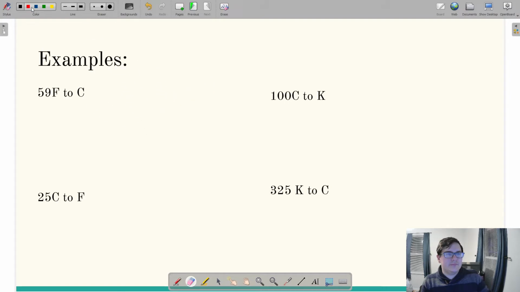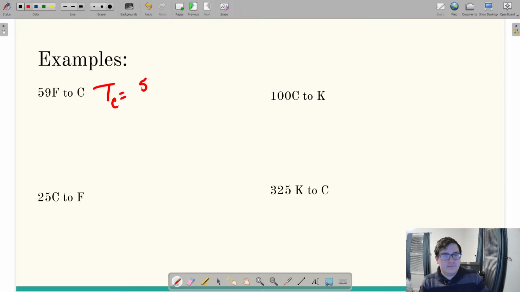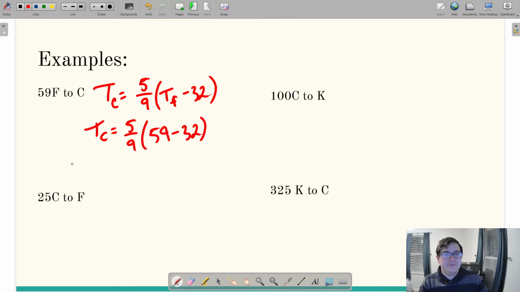Sorry about that, folks. So we have temperature of Celsius equals 5/9 temperature of Fahrenheit minus 32. Okay, let's plug in our numbers. 5/9 stays 5/9. Temperature of Fahrenheit is going to be 59 minus 32. What is our first thing to do here? Well, I've just plugged in the number we have, which is the temperature in Fahrenheit.